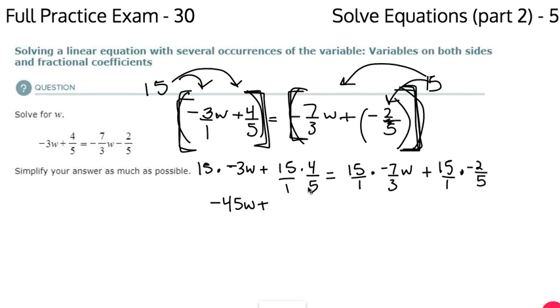Now if you're comfortable simplifying first, go for it. But I'm going to show you this way just so that I can make sure everybody's covered. So I multiply across, and I multiply across again, and I multiply across again.